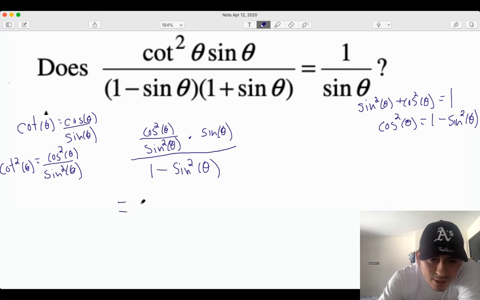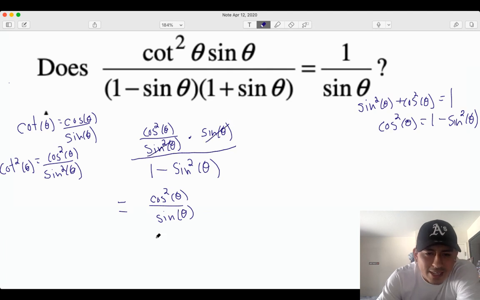But before I do that, let me fix something in the numerator, because clearly we can simplify the numerator a little bit more. We're going to get cosine squared of theta divided by sine of theta, because one of the sines here and this sine over here are going to cancel each other out.